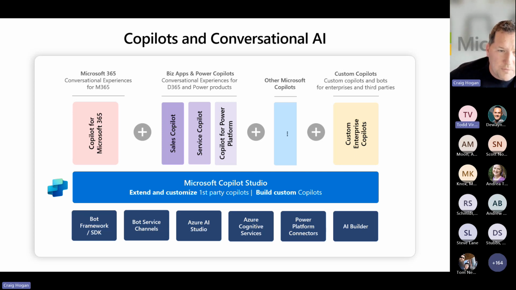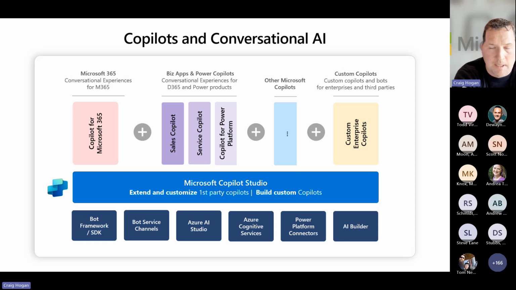So Copilot for M365, the service and sales Copilot, which are part of an add-on or a complementary Microsoft offering that are available within Dynamics or work as part of business applications. But within each of the Dynamics applications and within the Power Platform, all of those have Copilot embedded within that.